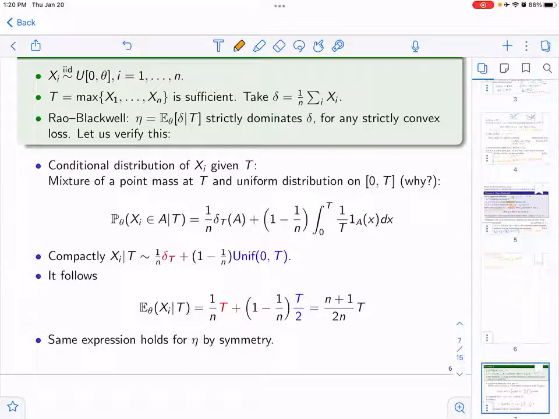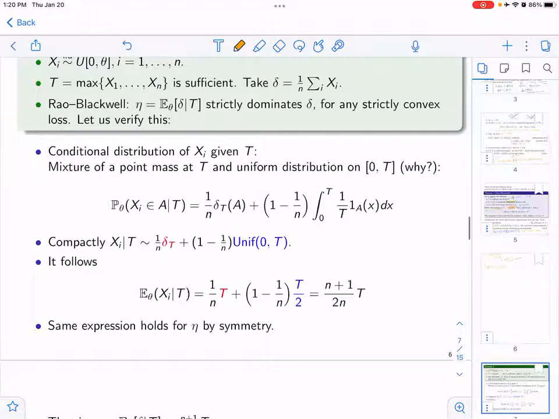I would form this expectation: the expectation of delta given T. This will strictly dominate delta for any strictly convex loss function. So we want to verify this. We want to compute the risks of these estimators and see what happens.